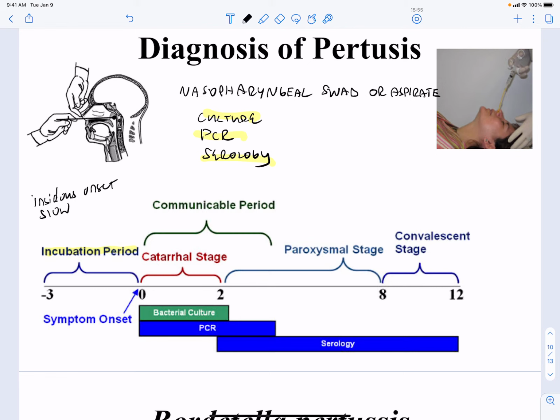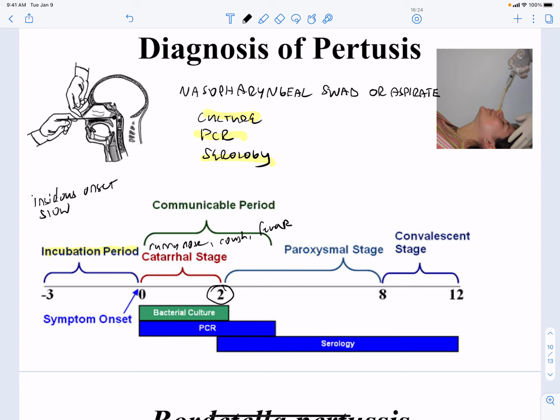And then you're going to have the period that follows that, which is the catarrhal stage, and this can last a few weeks. So here it's showing 2 weeks, it can be 3 weeks. And here you're just going to have a runny nose, you have a slight cough, maybe a fever, nothing really to tell you that you have your pertussis infection.